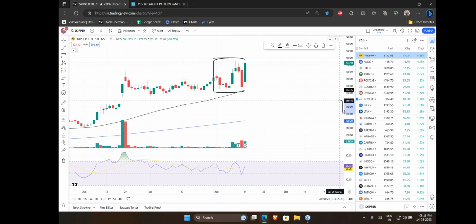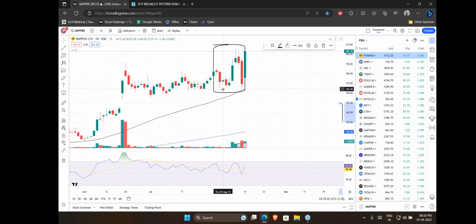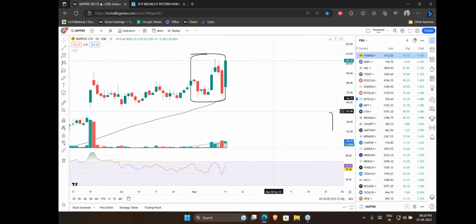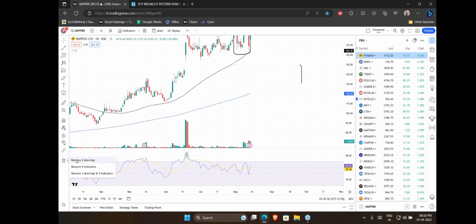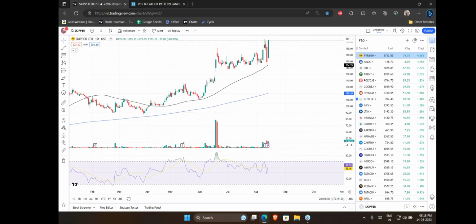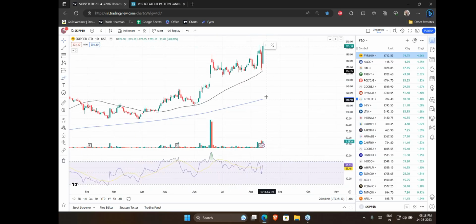Is your today's closing in the upper range of that particular candle, upper 75% range of that particular candle? Yes. Is your price above 200 moving average? Is your price above 50 moving average?